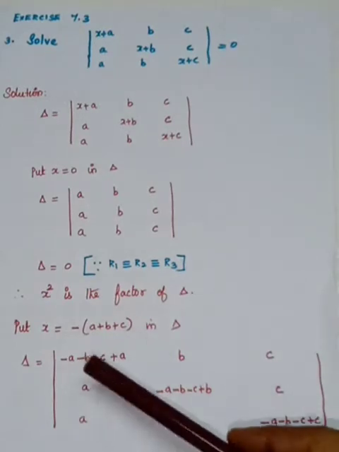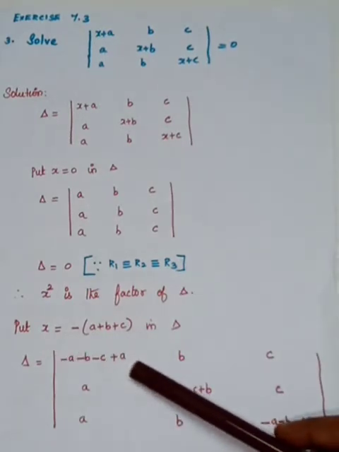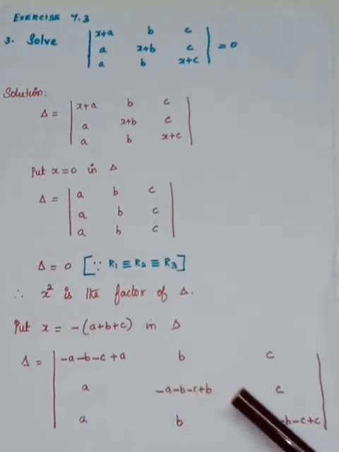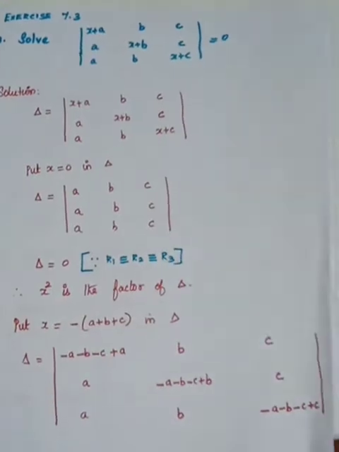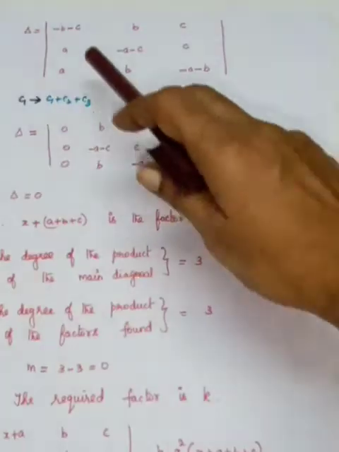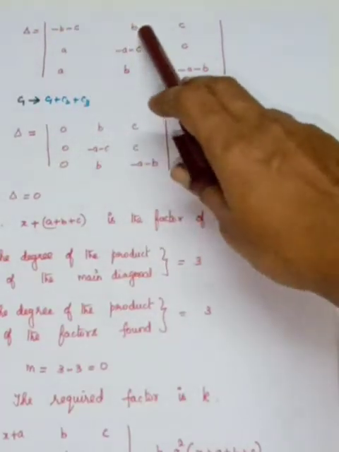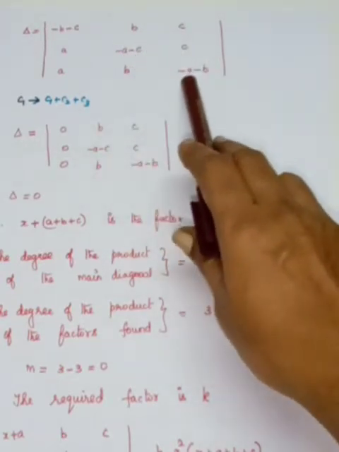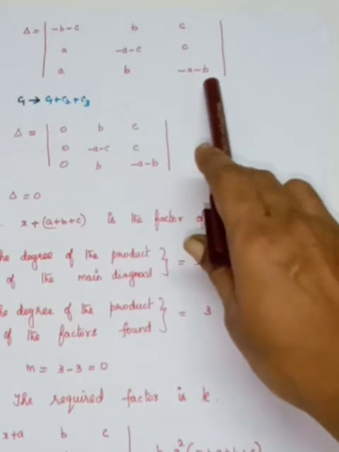Minus a and plus a get cancelled, minus b and plus b get cancelled, and minus c and plus c get cancelled. So the entries of the determinant become minus b, minus c, b, c in the first row; minus a, minus c in the second row; and minus a, minus b in the third row.